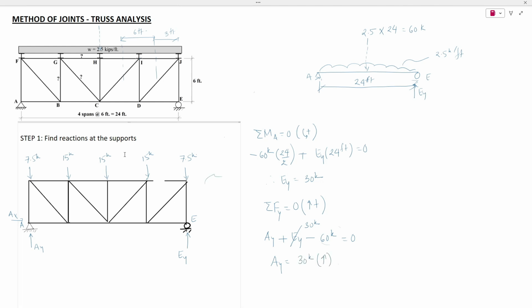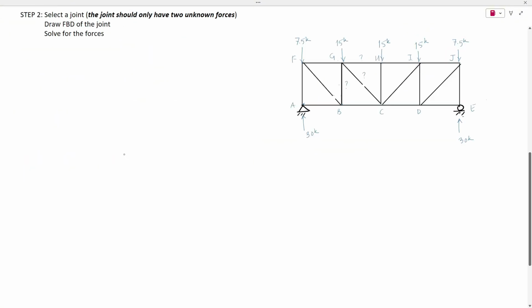Once we find the global equilibrium, or reactions at the supports, the second step is selecting a joint, drawing a free body diagram of that joint, and solving for the forces. One thing you need to be careful about when selecting a joint is that it should only have 2 unknown forces.